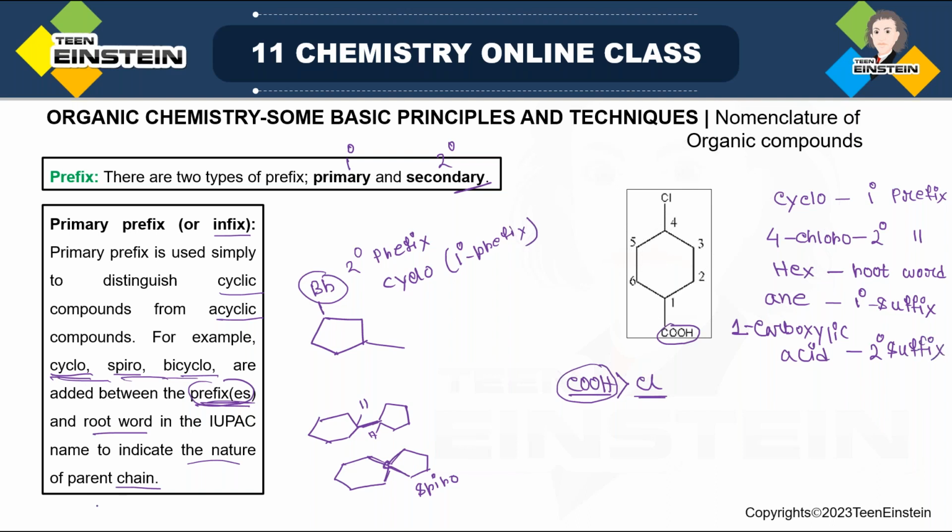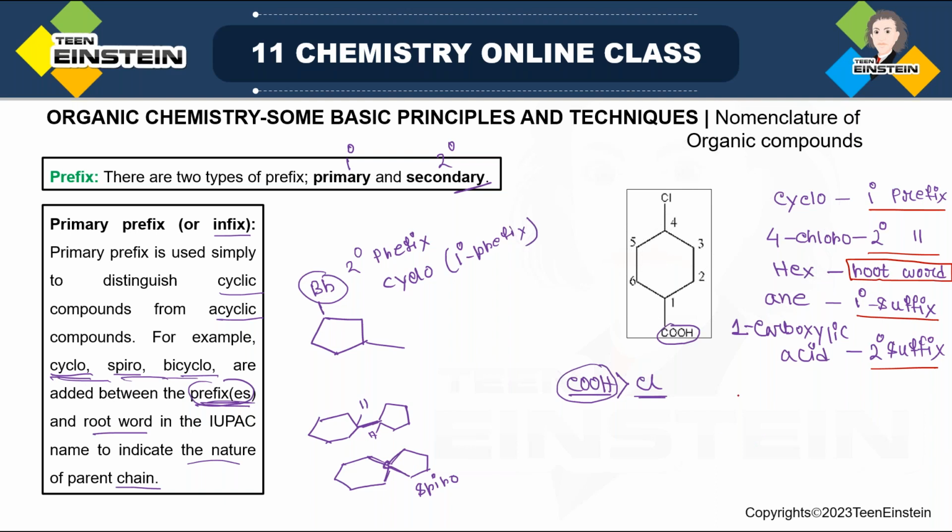So we have used all the terms that we have learned until now. We have used 1° prefix, 2° prefix, root word, then 1° suffix, 2° suffix. Now we will combine all these 5 factors together so that we can get the name.